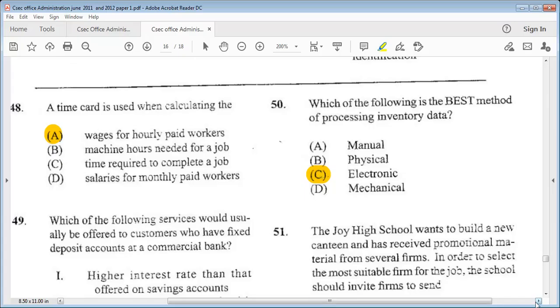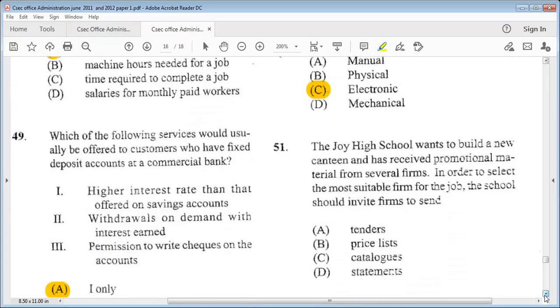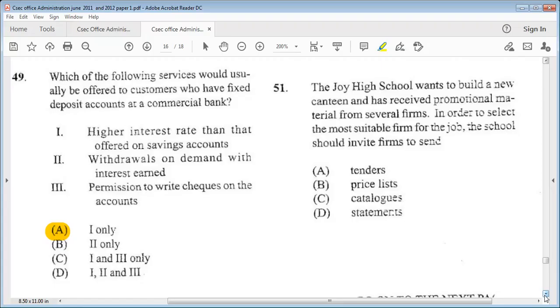Let's go on to question 51. The Joy High School wants to build a new canteen and has received promotional material from several firms. In order to select the most suitable firm for the job, the school should invite firms to send A, tenders, B, price lists, C, catalogs, or D, statements.